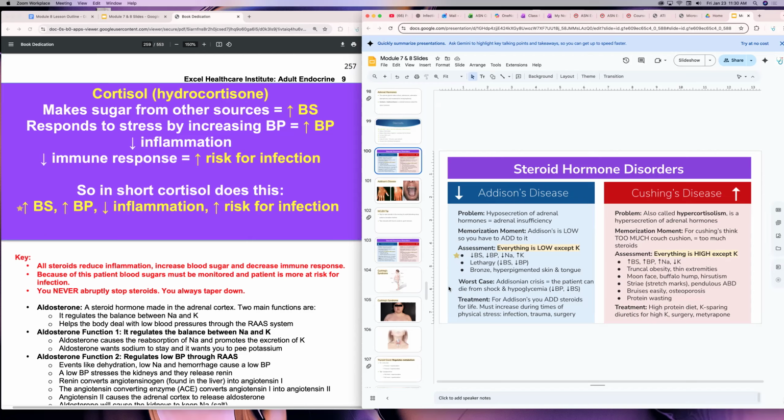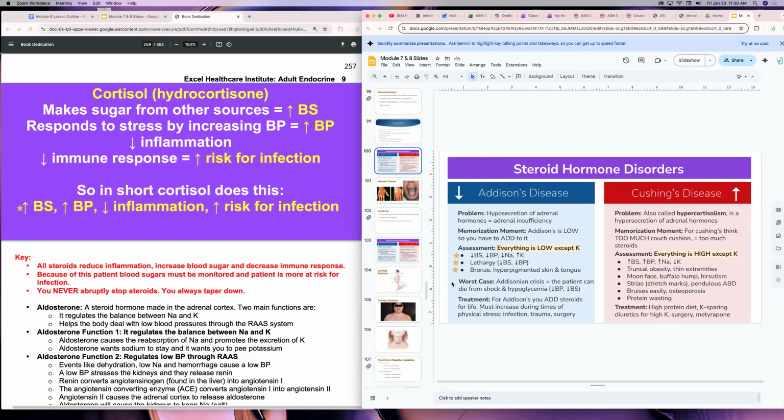Okay? So remember, Addison's is low steroids, also called adrenal insufficiency. Addison's is low because you have to add to it. Everything is low except potassium. Also, they're very weak because of that low blood sugar and low blood pressure, and they have bronze hyperpigmented skin.